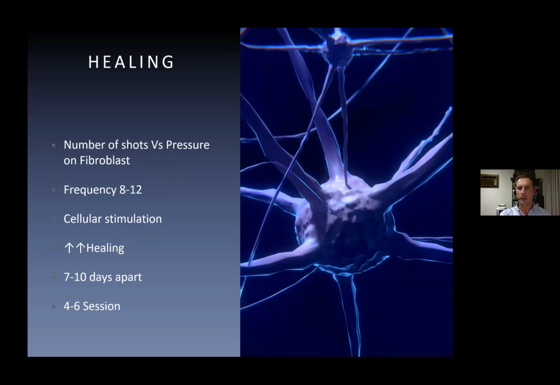Sometimes, if I'm dealing with someone who has a very non-responsive tendon, I might shorten that and do it a bit sooner than 7 days. If they're just not responding, I might shorten that, especially if they've got a really long-standing history of mid-portion Achilles tendinopathy.